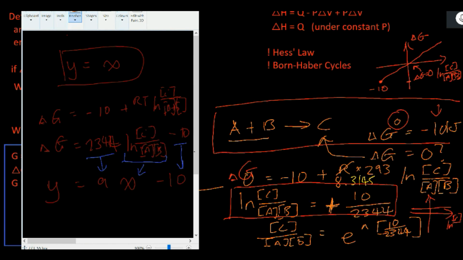So if you have only A plus B and very little C, your Gibbs free energy is negative 10. And then the reaction will keep proceeding until the Gibbs free energy goes from negative 10 to 0, where there's no more potential energy for the reaction to occur.